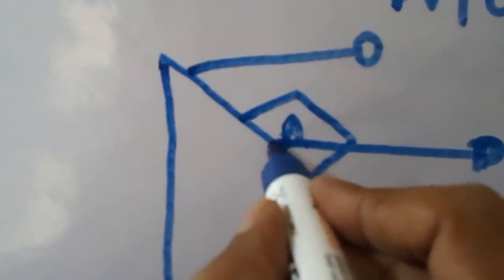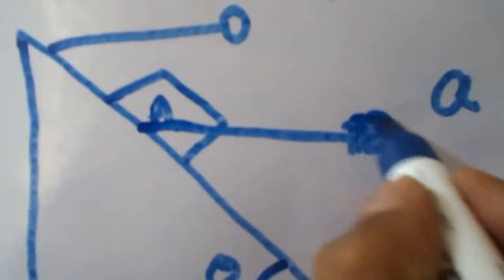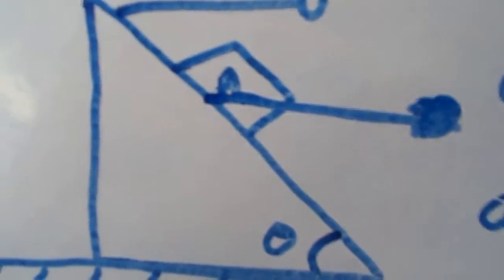So this should be my x-axis, because if I take the x-axis along this, then most of the time my question will be easy.